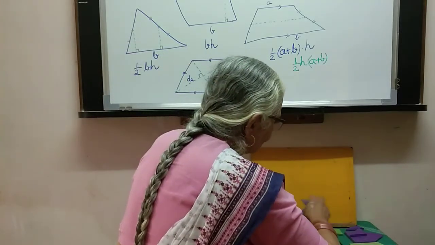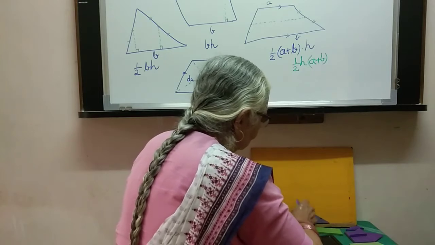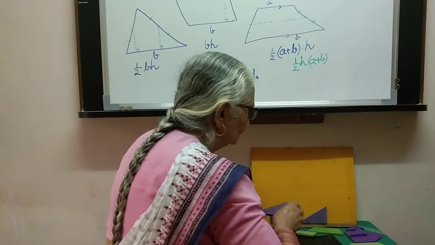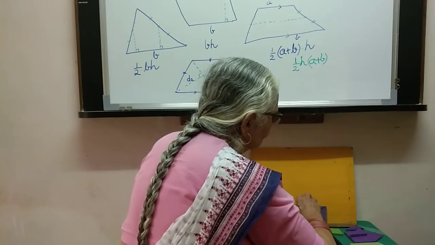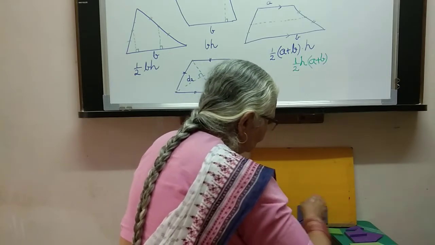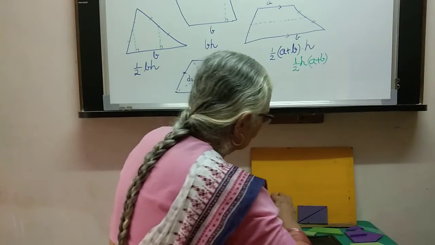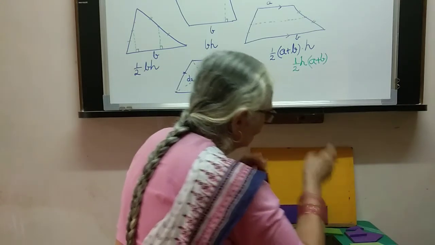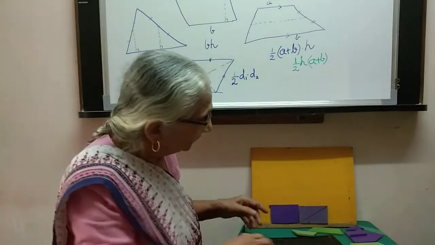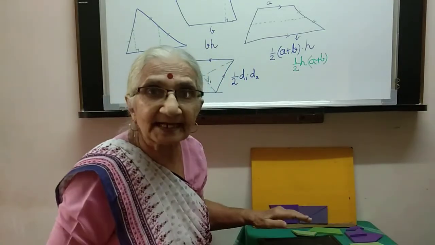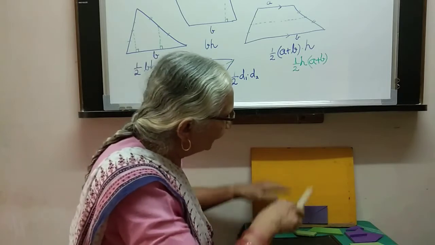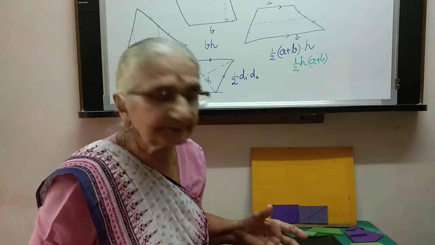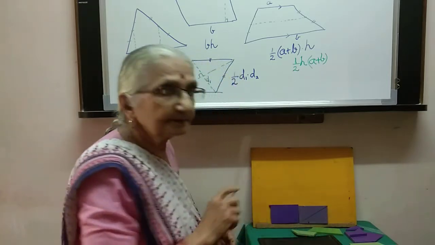What we can do now is this. What did we do? We arranged them side by side, all 4 of them, 2 below and 2 above, forming a long rectangle. Now we know the area. It is length into breadth.